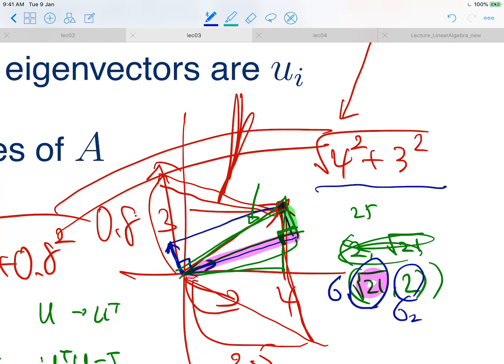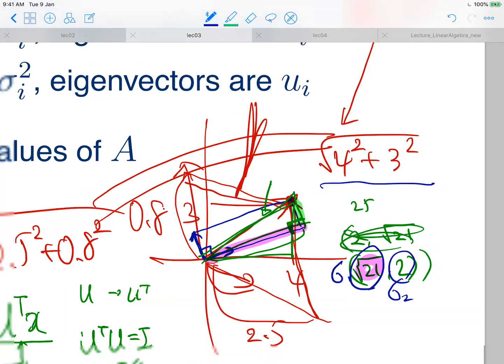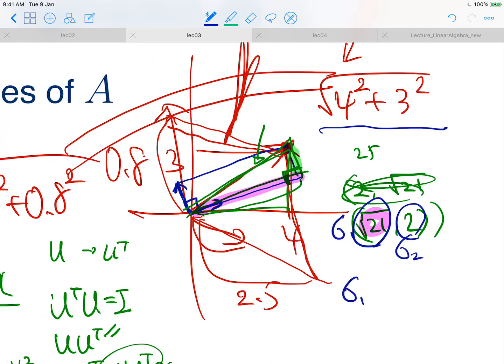The vector norm will be this guy squared and this guy squared, something like this, right? So this is the new vector norm after doing the diagonal scaling with respect to the singular values, right?